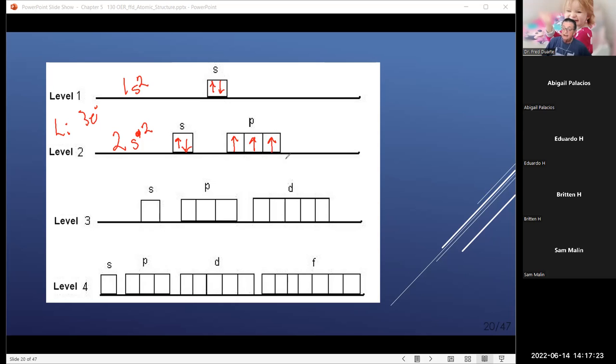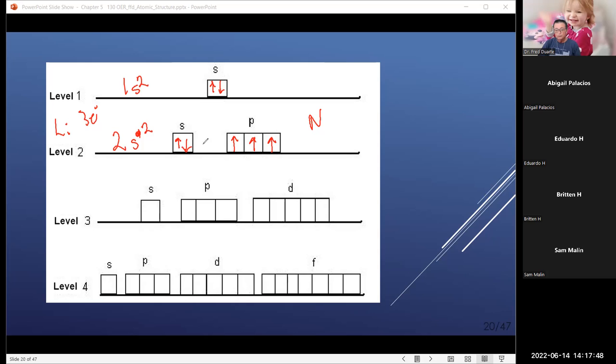Nitrogen has 7 electrons total. Of those 7, 5 of them are the valence electrons, in the outermost shell. This represents nitrogen.